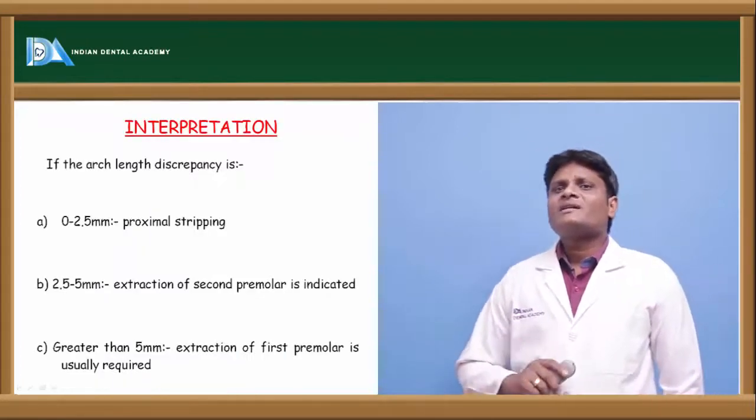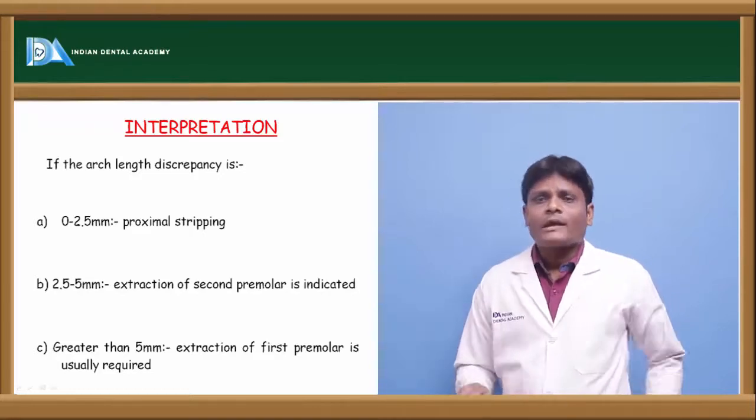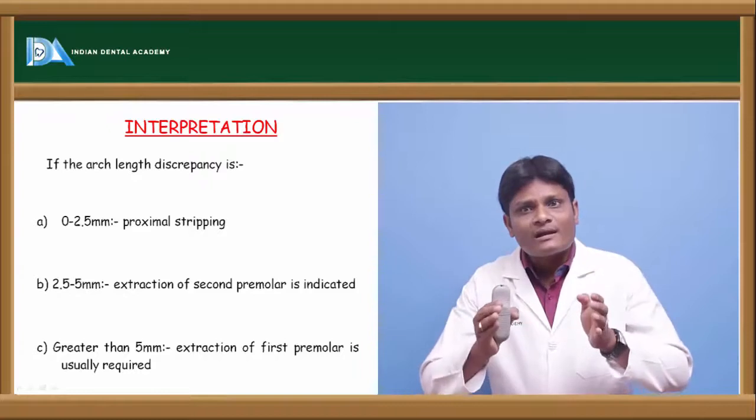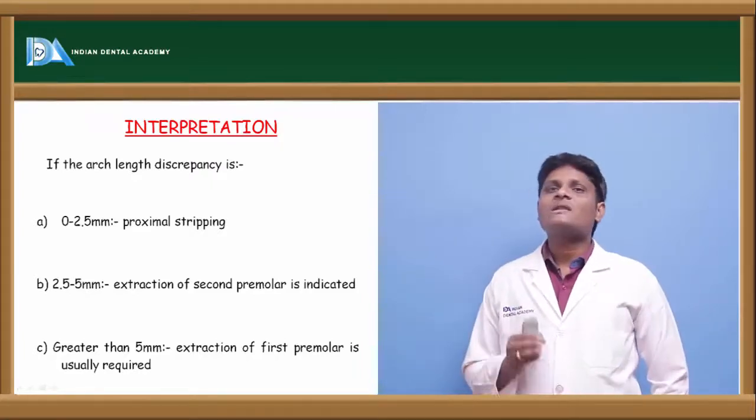If the tooth material is excess by 0 to 2.5 mm, then in order to relieve the crowding or to fit the teeth within the dental arch without any kind of crowding, we need to go for proximal stripping.